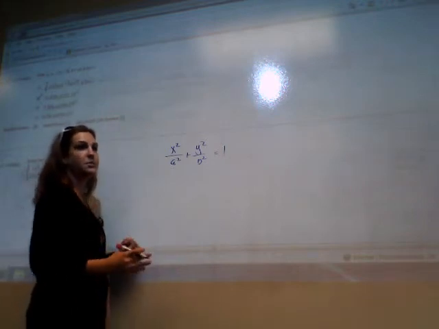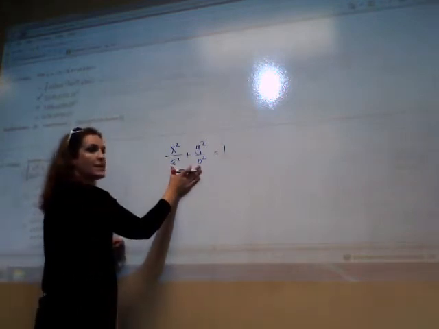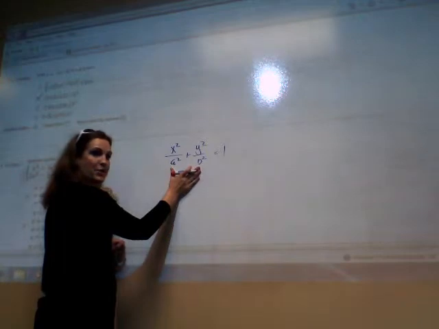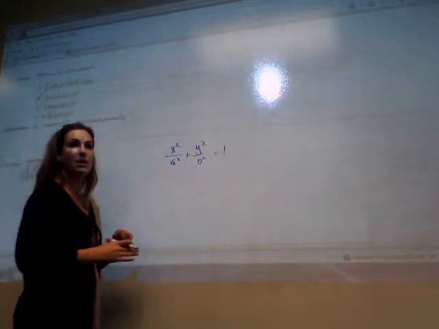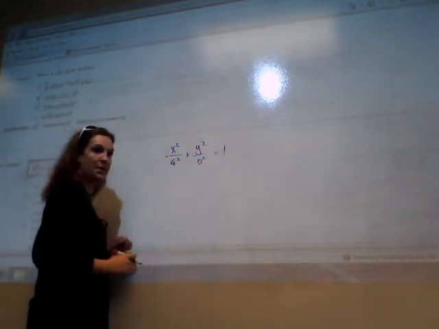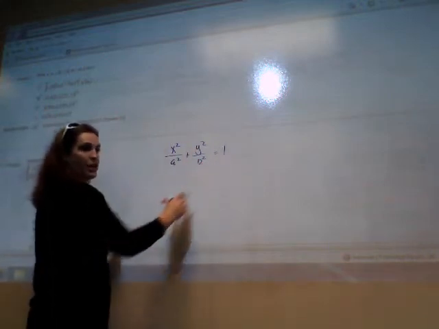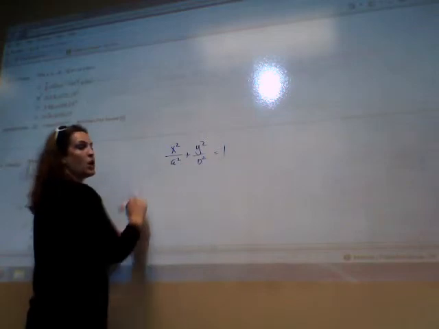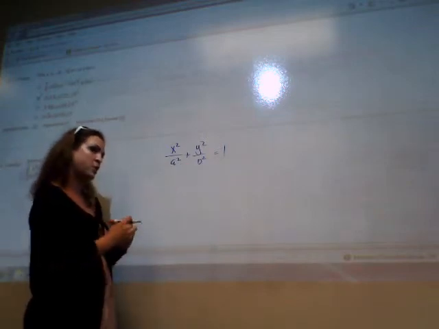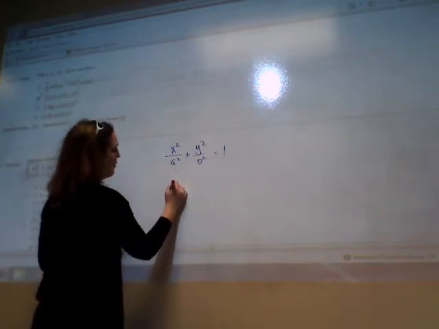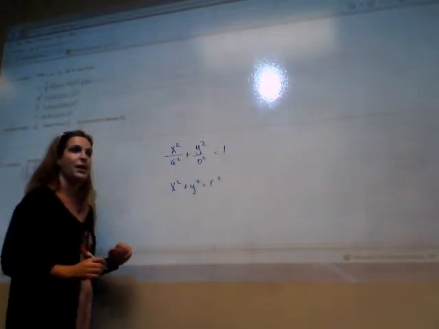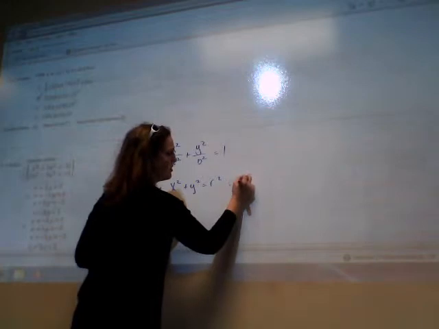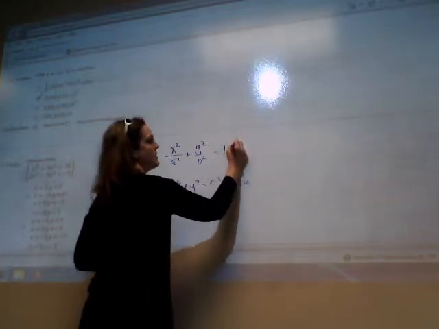The difference between an ellipse and a circle is that these are going to be exactly the same for the circle. So in the circle, a squared and b squared are equal to each other, in which case we simply multiply by it, and we end up with that over here. So in this case, let's call a squared and b squared r squared. And we have x squared plus y squared is equal to r squared. This is my circle. And this is an ellipse.